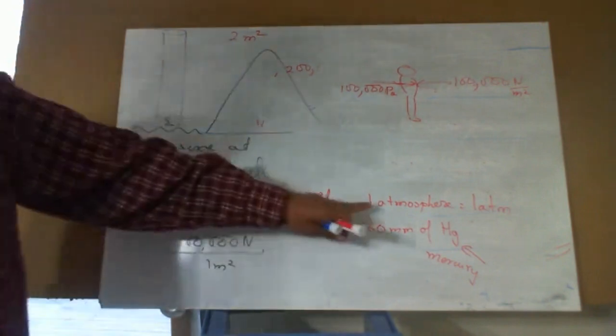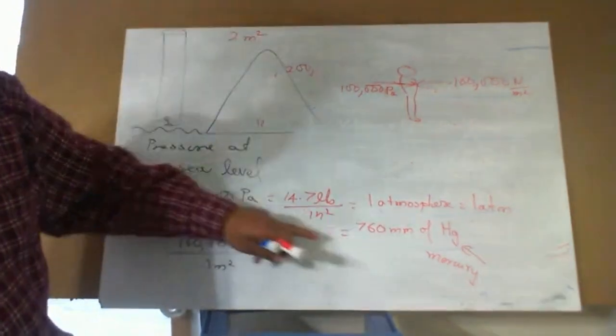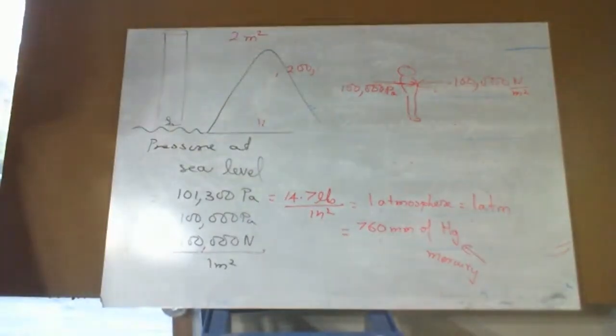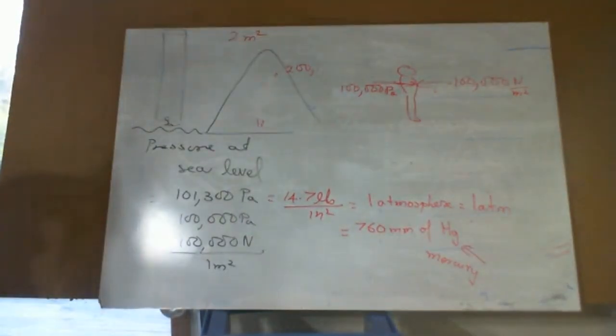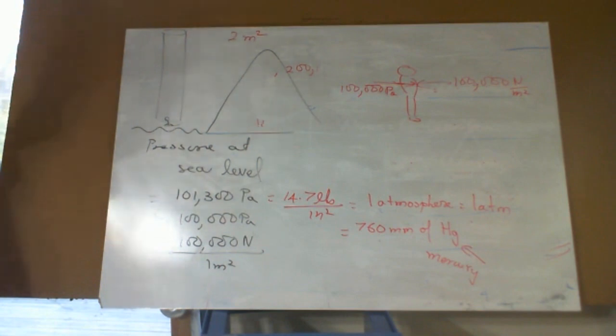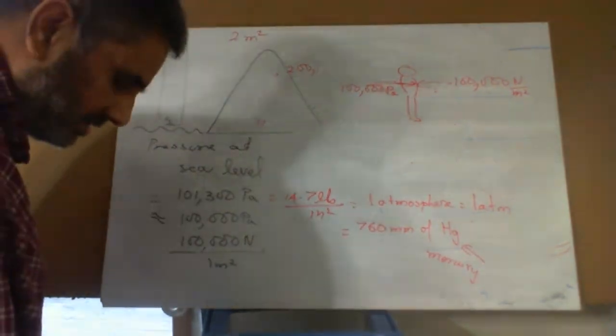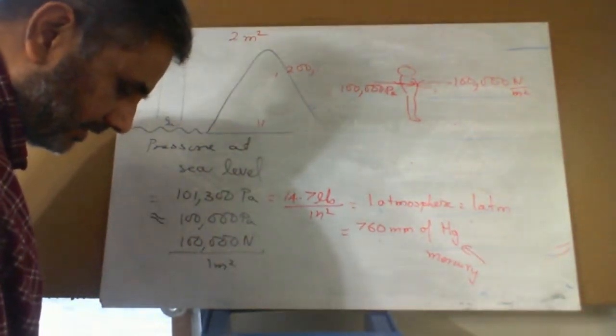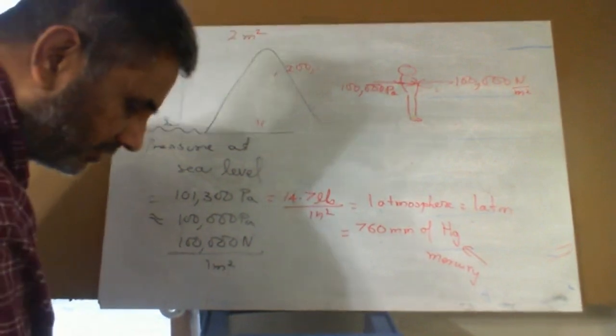If the pressure drops to half an atmosphere, it becomes half of that, which would be 380.